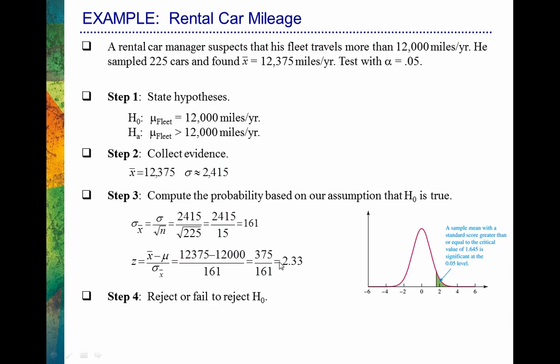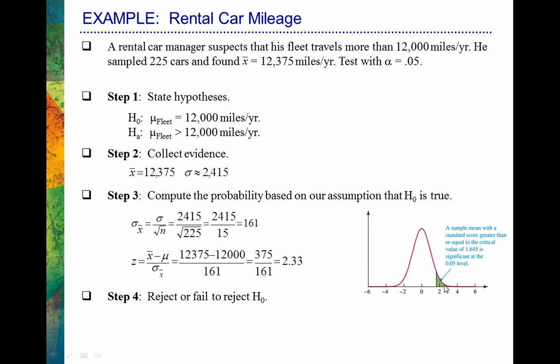All right, well, now that mean, 12,375, has been transformed into a z-score, 2.33, we know exactly where it is in this distribution. So 2.33 is somewhere right around here. This is the type of sample mean we would not expect very often just by chance. We would expect to find a sample mean like this just 5% of the time or less just by chance.